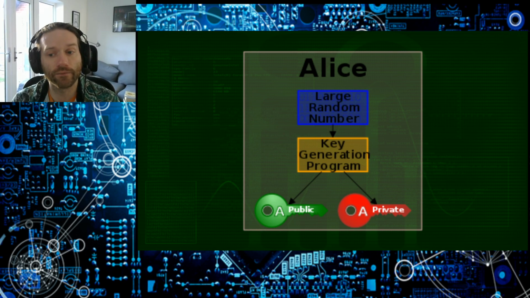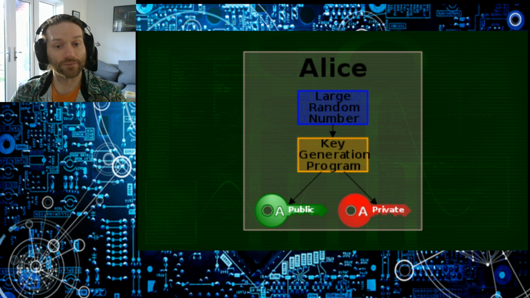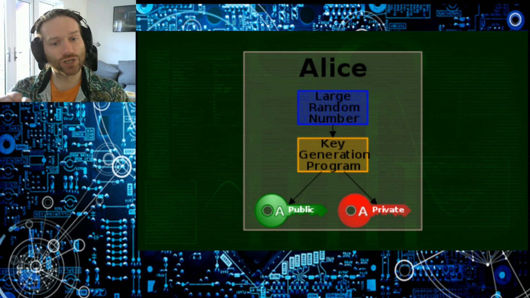One of them is a public key and one of them is a private key, and they are both linked in the sense that they form effectively two ends of a mathematical equation. I'm simplifying a lot here, but just imagine that they form sort of like two parts of an equation. When they're joined together, they become whole.